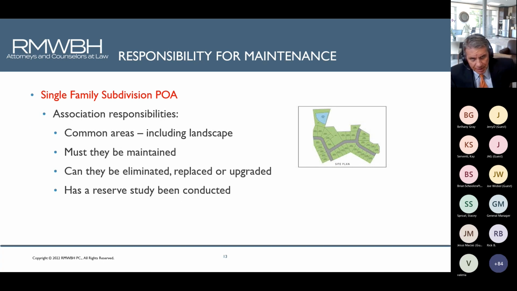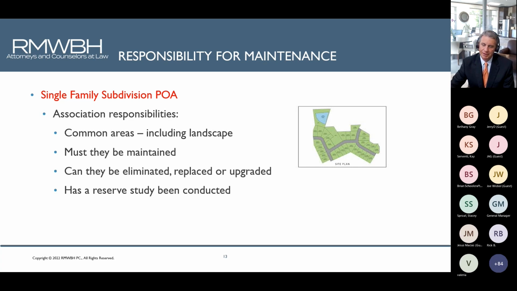Now, responsibility for maintenance. We're not going to cover a whole lot here because it's only how it really plays in. For single family subdivision POAs, associations are responsible for common areas, including landscaping, things that must be maintained. And again, on the reserve study, we're talking about how much this maintenance is going to cost.